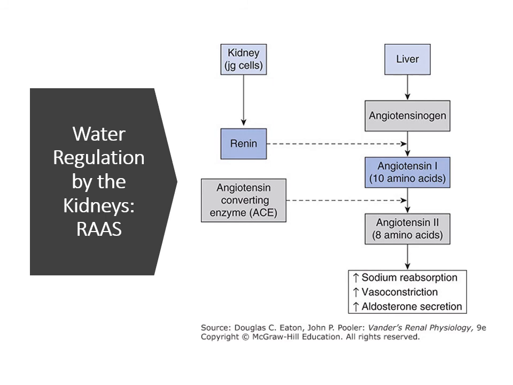So angiotensin directly does 2 things: vasoconstricts your arterioles and stimulates secretion of aldosterone from your adrenal glands that then work at the kidney. Okay?